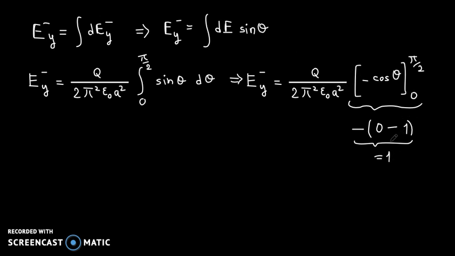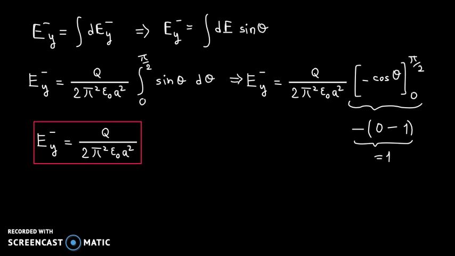So the Y component is positive, which is what we expected. We expect the electric field vector to live in the first quadrant, so both the X and Y components are positive. Here's our final answer for the Y component of the electric field due to the negative charge distribution. You may have noticed that it's exactly the same as the X component.